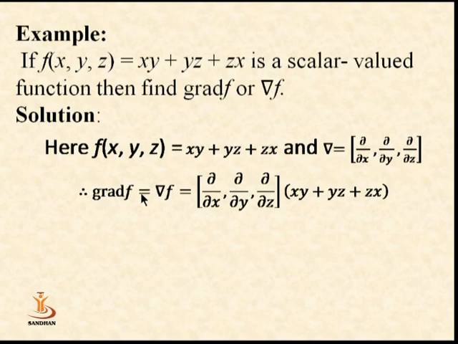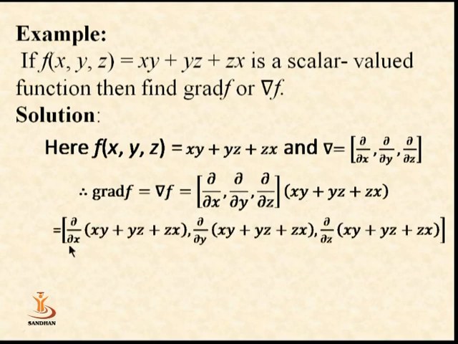We know the definition of del f or grad f is equal to, we have to do the differentiation with respect to x, y and z of the given function respectively. Here we first differentiate the given function f with respect to x, then we again differentiate the given function with respect to y, and then we again differentiate with respect to z.